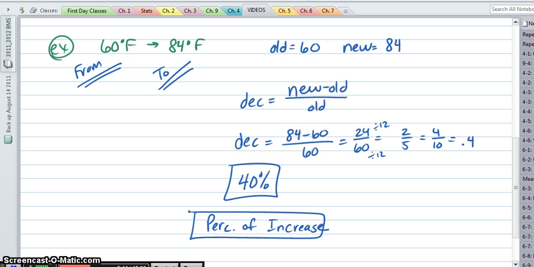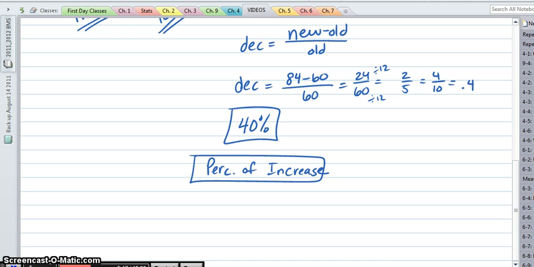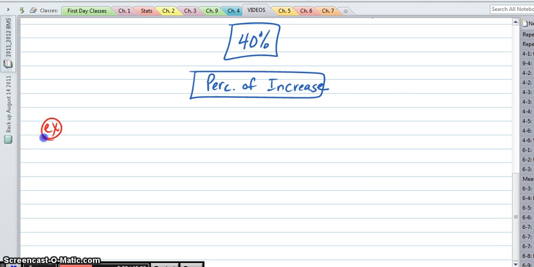Okay, let's take a look at something else. One of the largest stock market drops on Wall Street occurred on October 19th, 1987. On that day, the stock market opened at 2,246.74 points.